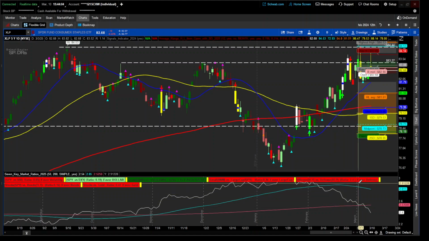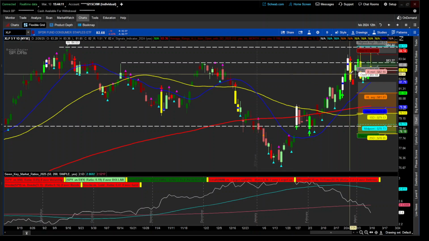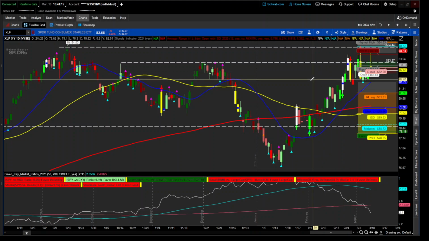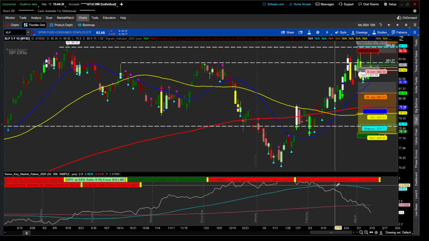And like I said before, the ratio is favoring defense, and that's why we're looking at consumer staples pushing up, while consumer discretionary is pushing down. And this ratio gives you an idea of what's going on between the two.